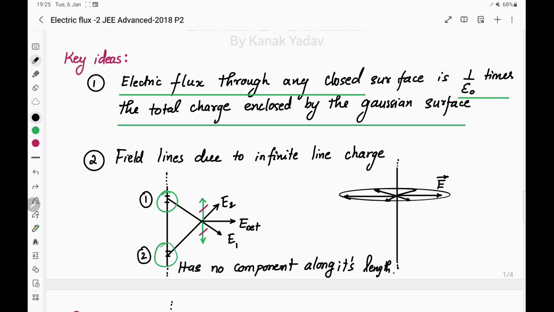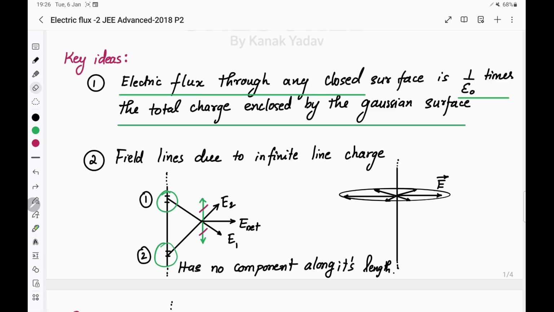So therefore, in case of an infinite line charge, you will have electric field lines actually spreading cylindrically, radially outward from the line charge. As you can see, I have shown an example over here on the right diagram.